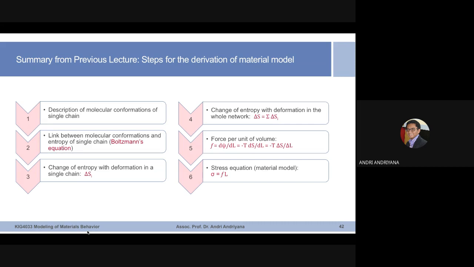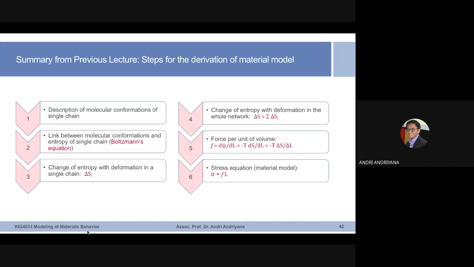What we need to do is to know the change of entropy in one single chain in the material, so that the total change of entropy is simply the sum of the individual changes of entropy with deformations as given in number 4.